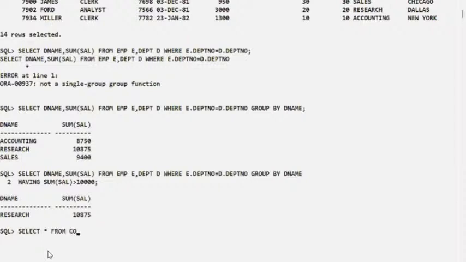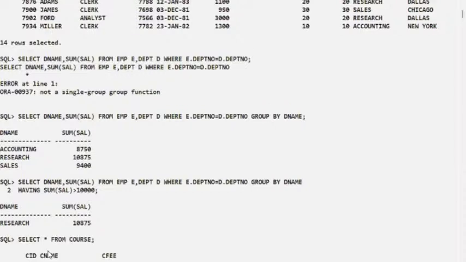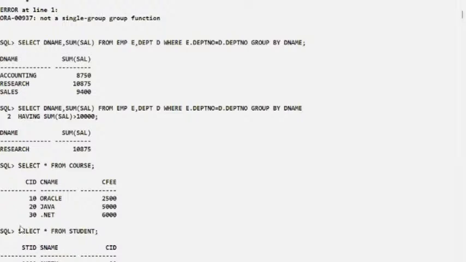If I have a table here, select star from course, and another table here, student. Now in this, 10, 10, 20, 10, 20 are called matchings. So matchings I can retrieve by using equal operator or equijoin. But guys, observe here: in this table 30 is an unmatching row. In this table null is an unmatching row.